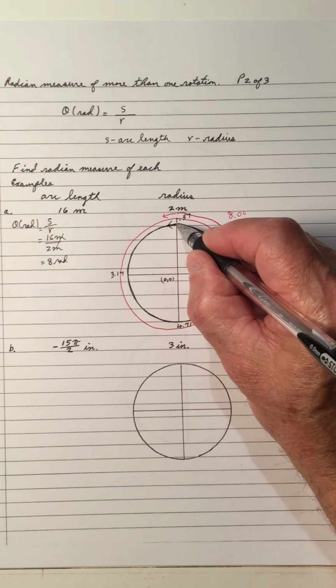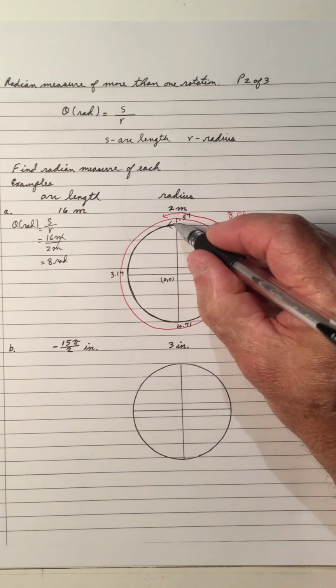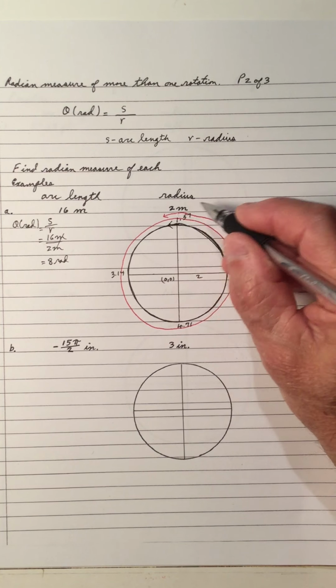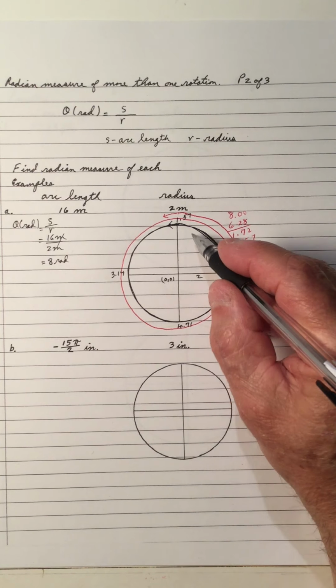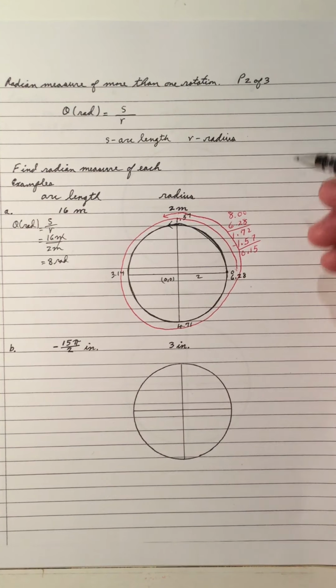So the red is the rotation. This rotation, ending up right here, is the radian measure equivalent to the rotation on the circle.